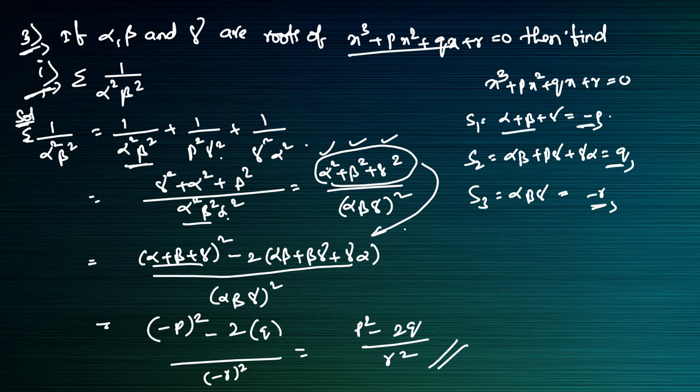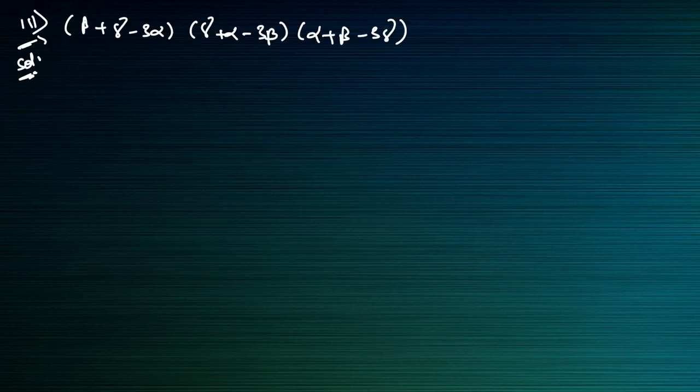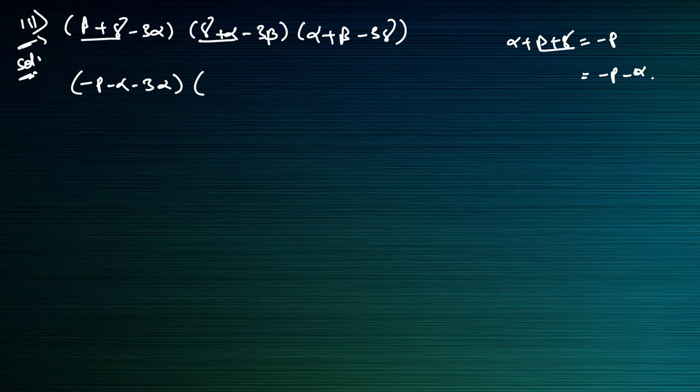So S1 is alpha plus beta plus gamma, which is equal to minus p. From this, beta plus gamma is equal to minus p minus alpha. In this equation we are going to substitute: minus p minus alpha minus 3 alpha, which is minus p minus 4 alpha. Similarly alpha plus gamma is minus p minus beta, minus 3 beta, and alpha plus beta is minus p minus gamma, minus 3 gamma.